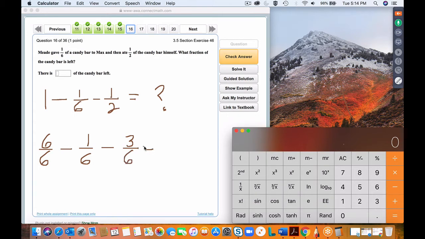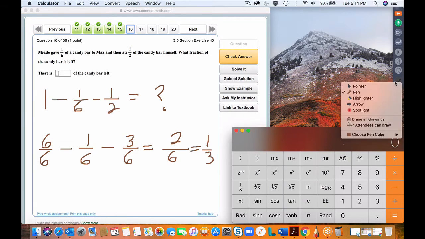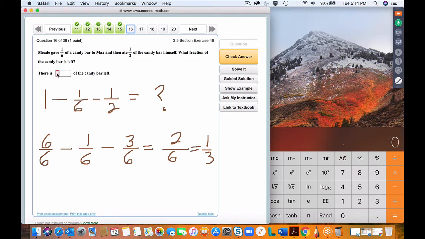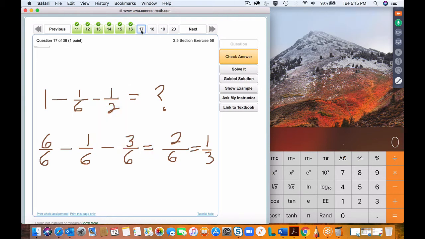Now we have the same denominator, so what we need to do is just subtract the top. 6 minus 1 is 5, minus 3 is 2, and then the bottom is 6. Then we simplify by dividing by 2, and that's just 1/3. That's another way.